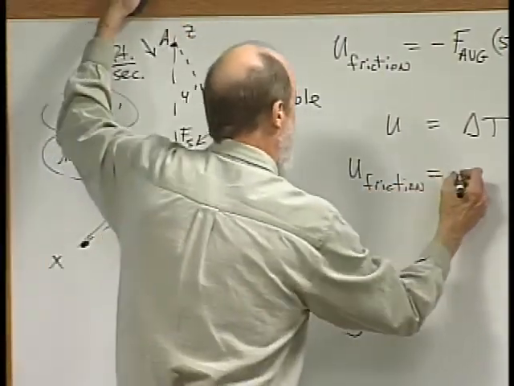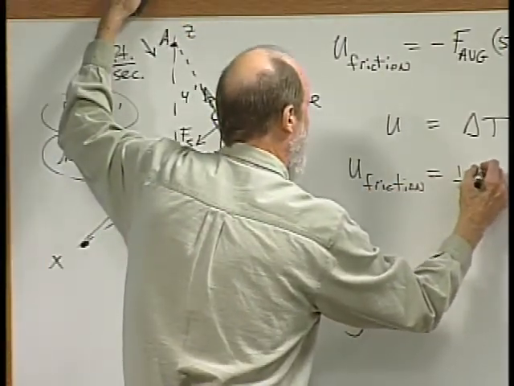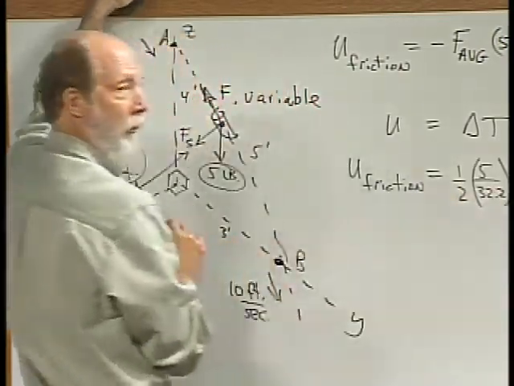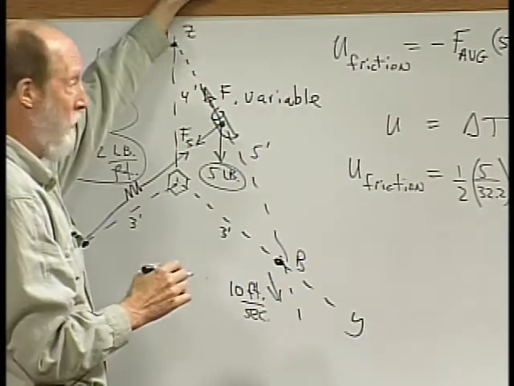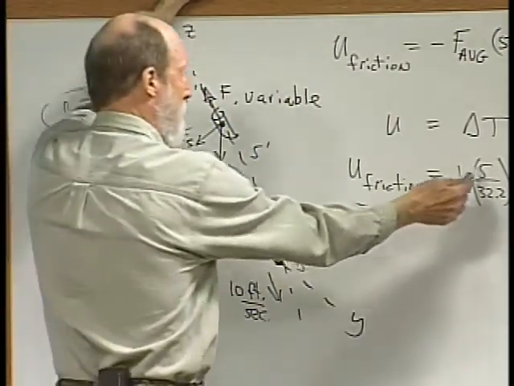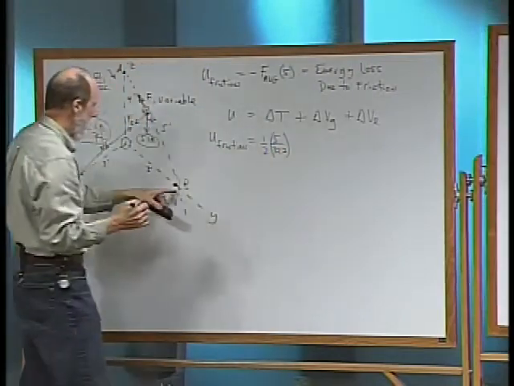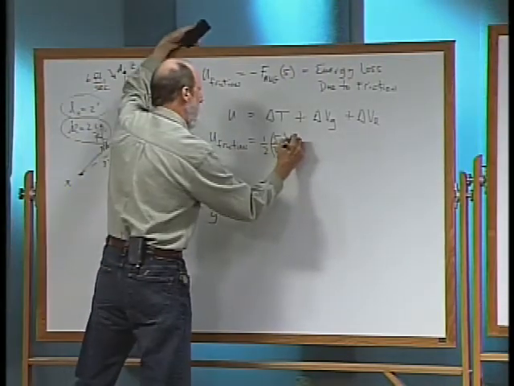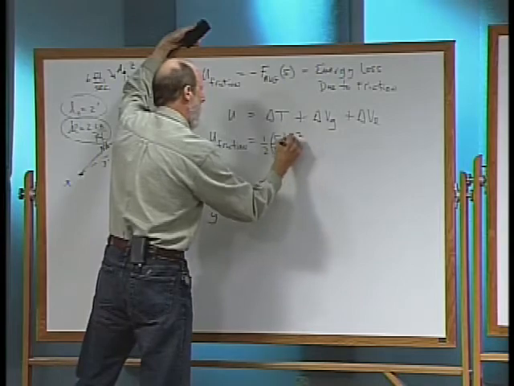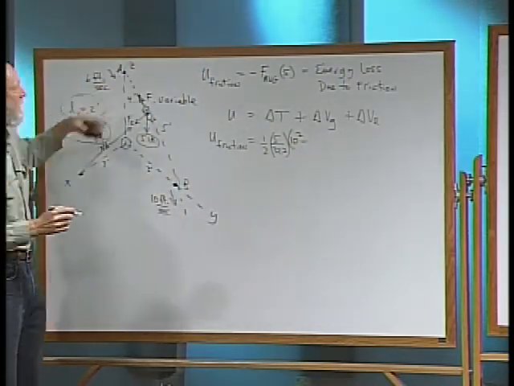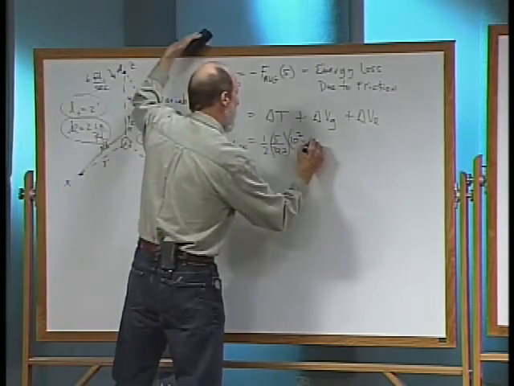So we're going to have 1/2 our mass, which is 5 pounds divided by 32.2, so that's going to be units of slugs, which is about the only time I've mentioned that word this term. Then we have our speed at B, which is 10 squared, and we subtract from that the speed it had initially, which was 6 squared.